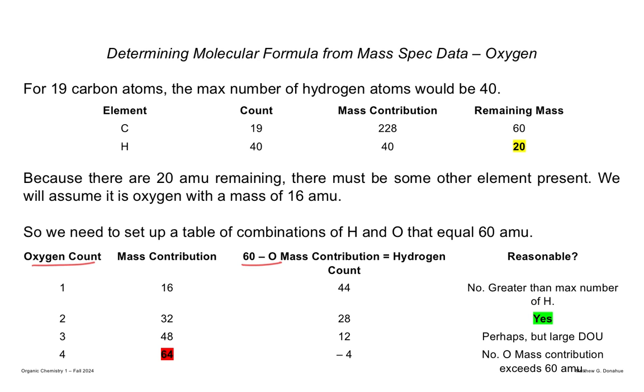And so we get, for 1 oxygen, an unreasonable number of hydrogens. For 4 oxygens, we would have to have a negative number of hydrogens. We had these 2 claims here that were reasonable. 2 oxygens makes the most sense because 3 is going to have a large degree of unsaturation for the carbon count.